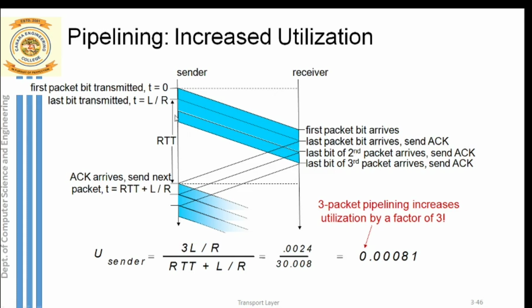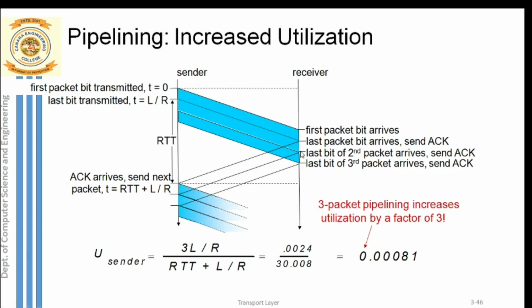You can just see here, all the packets are sent back to back. The first 3 packets are sent back to back, and you are not waiting for any acknowledgements until the third packet is sent. After the third packet is sent, the sender will wait for the acknowledgement to be received. Once the acknowledgement is received for the very first packet, immediately the fourth packet is sent from the sender side.